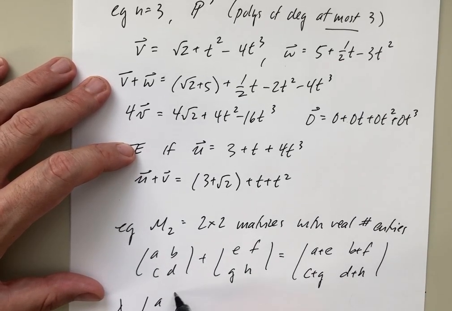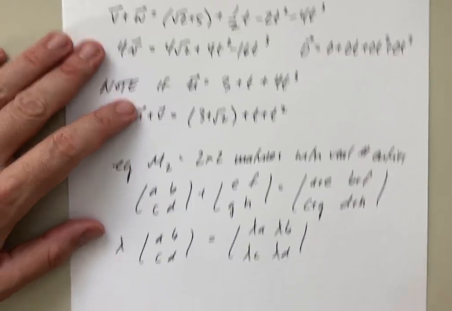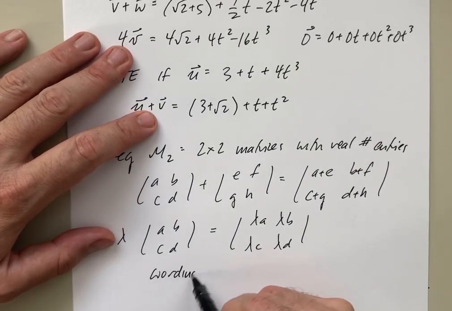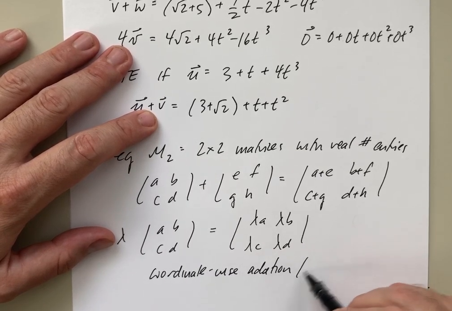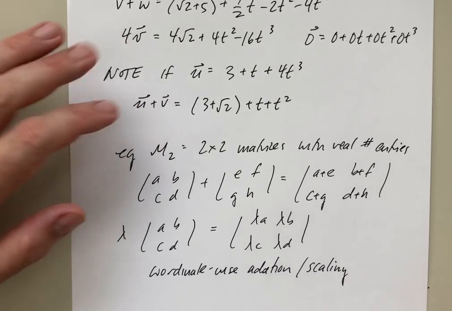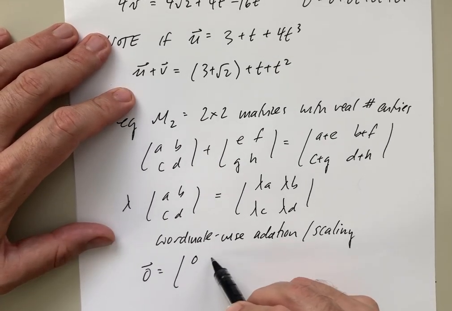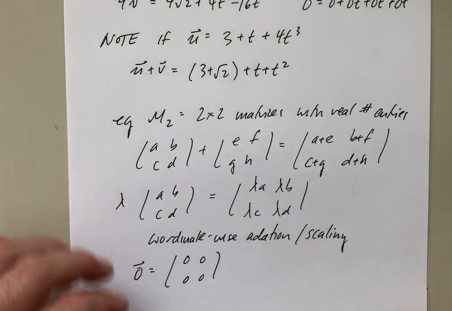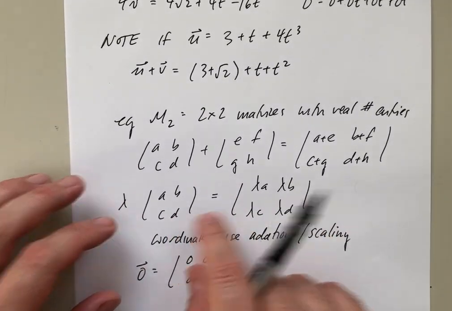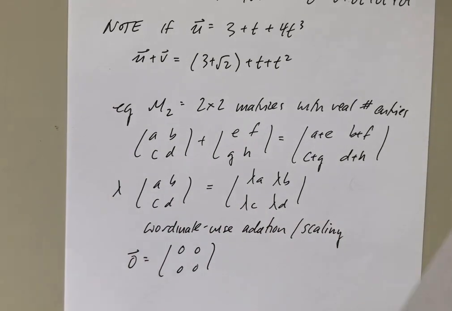If I take lambda times A, B, C, D, this would also be coordinate-wise: lambda A, lambda B, lambda C, lambda D. So this is what I would call coordinate-wise vector addition and scaling. The 0 vector here is, well, what's the 2 by 2 matrix that doesn't do anything when I add? It's going to be this thing. Okay, so you can check that these rules satisfy the axioms that I didn't tell you everything about, but gave you some hint of above.